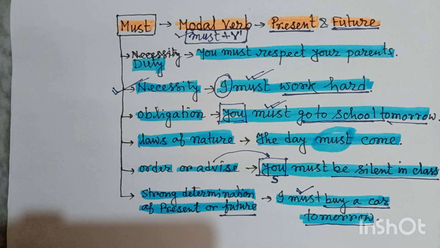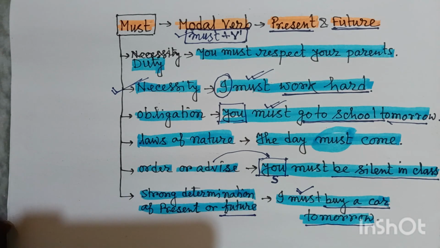My dear friends, basically these are the usages of must, and we should know the usage. Otherwise, we cannot change this particular word in indirect speech. So friends, let's look at the examples, and let's see how to change it in indirect speech.